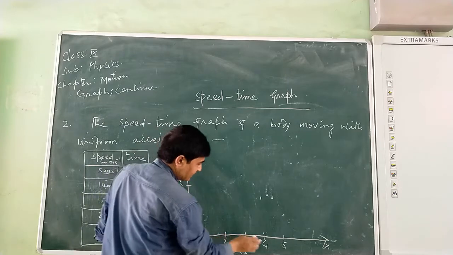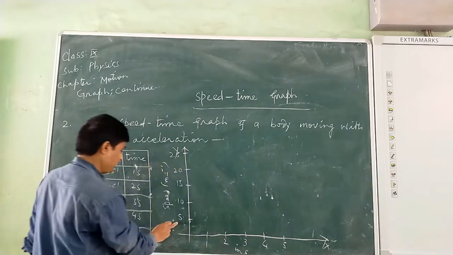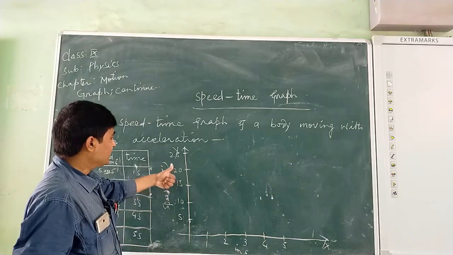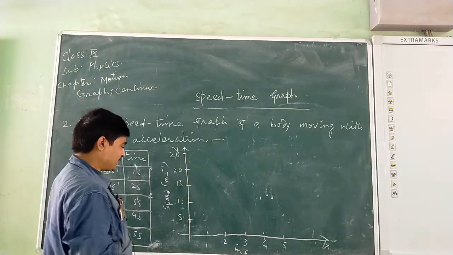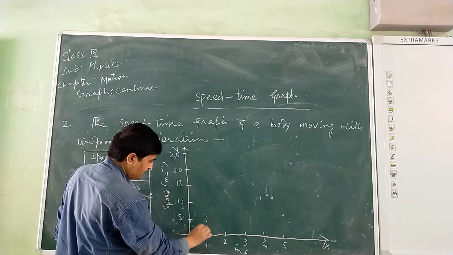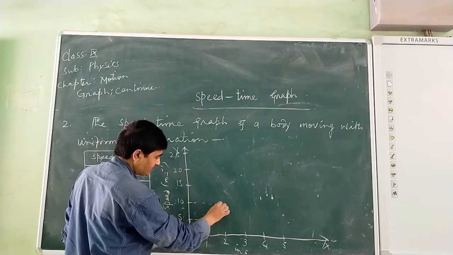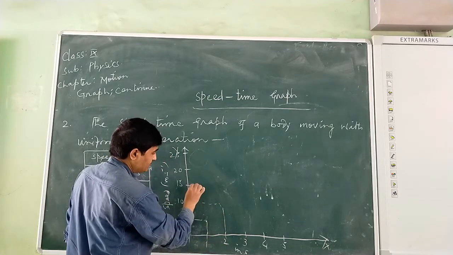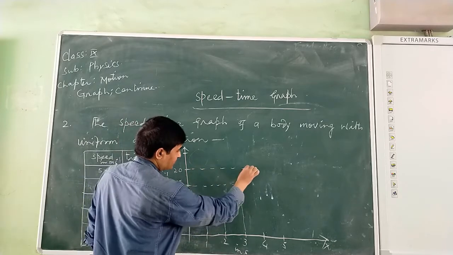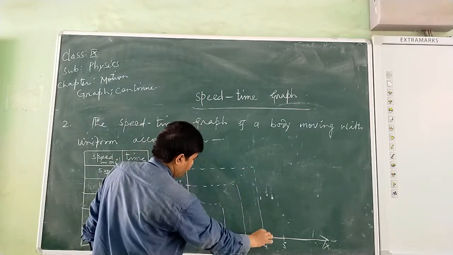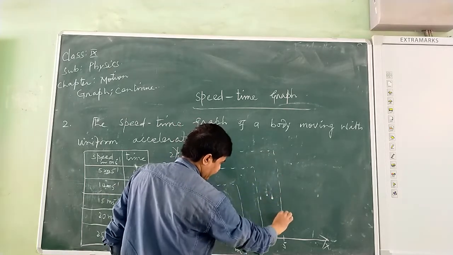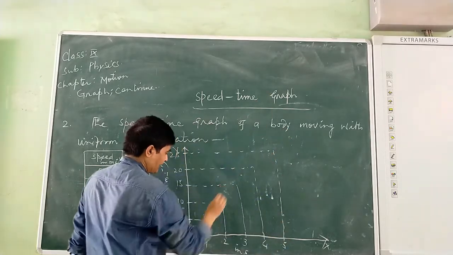This is 1 second, 2 seconds, 3 seconds, 4 seconds, 5 seconds, and 5 meter per second, 10 meter per second, 15 meter per second, 20 meter per second, and 25 meter per second. We will obtain 5 points corresponding to each. Here also we will have a slope, and the slope gives the acceleration of the speed time graph.